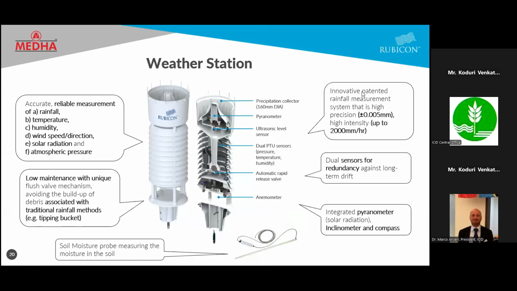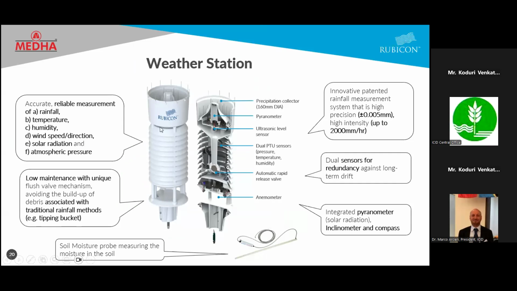Finally, the tail end sensors, which are the weather stations. The weather stations should be capable, or are capable, of measuring the rainfall, the temperature, the humidity, the wind speed, the solar radiation, and atmospheric pressure.